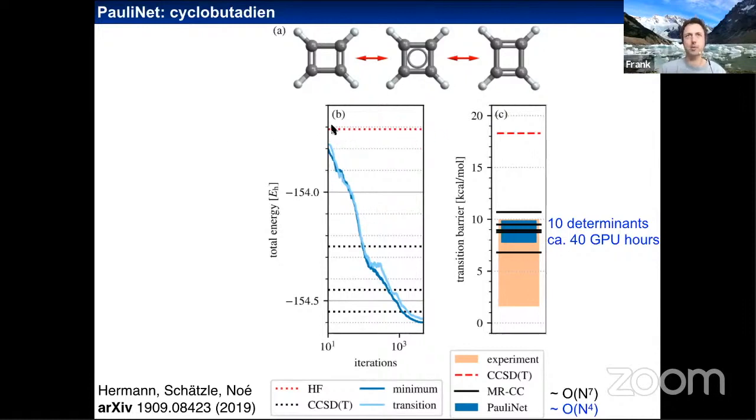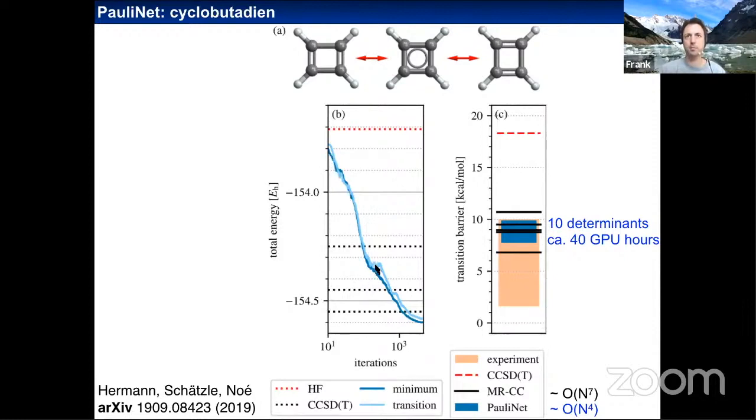Hartree-Fock is of course hopelessly off here, and that's because we go through this very electronically complicated intermediate state. Then we have the coupled cluster results, which are still tens to hundreds of kcal per mole too high.